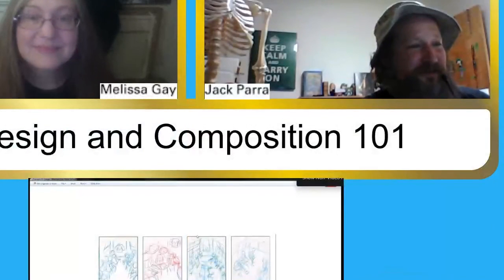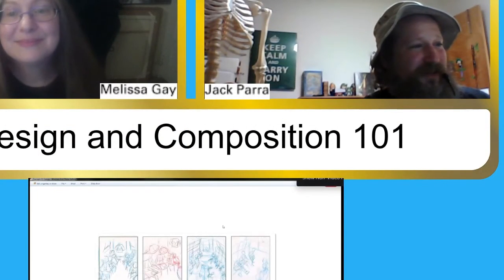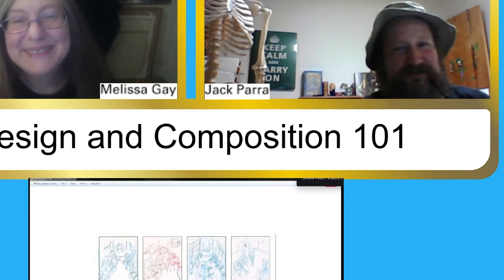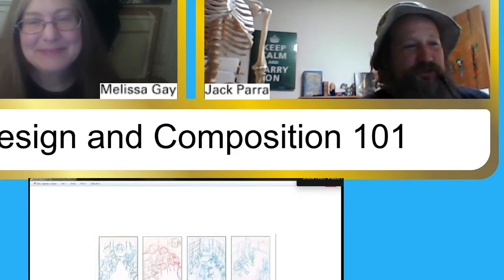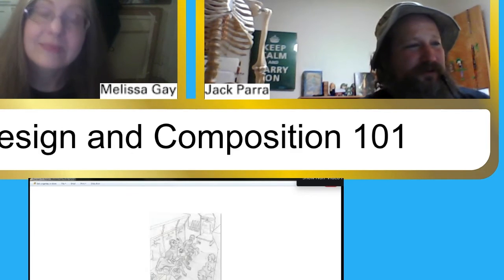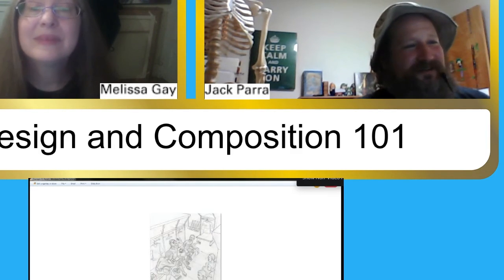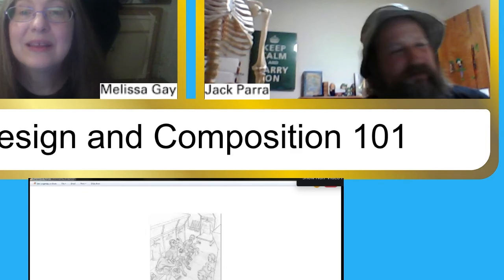Let me see. So here are some thumbnails I did for another piece in the book. It has different angles, different focal points. The one the author chose was the fourth one, and here's where it is so far, the pencil of it.